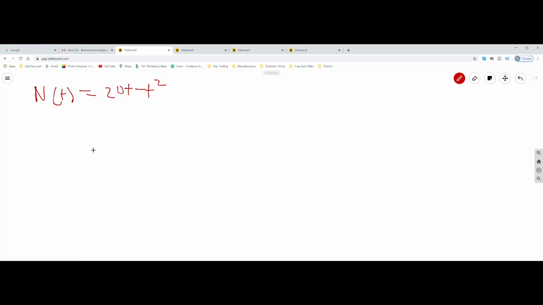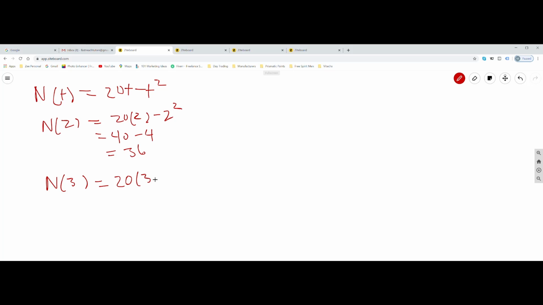So you substitute 2: 20 times 2 minus 2 squared, which is 40 minus 4 equals 36. And at 3, you have 20 times 3 minus 3 squared, which is 9, so 60 minus 9, which is 51.